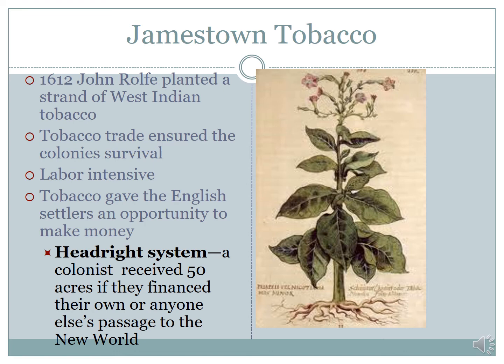And essentially the headright system did this. If a colonist paid for their own passage across the Atlantic to come to the Virginia colony, they would automatically receive 50 acres. If they paid for additional people's passages across the Atlantic, they would receive an additional 50 acres for each person that they brought across. And so two things could happen in this scenario, right?